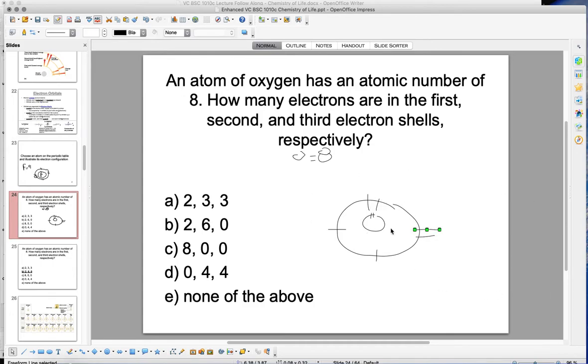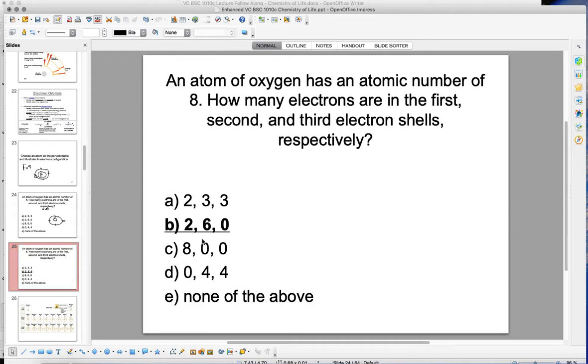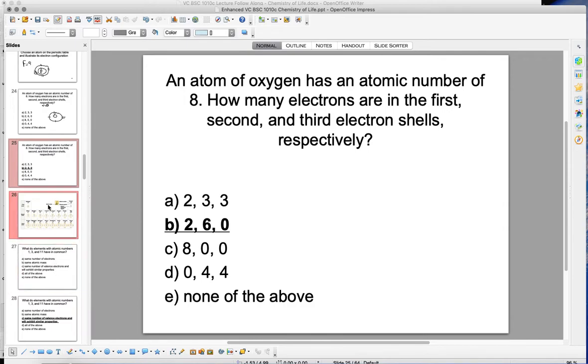So you see how I did that? Going one around each time and then filling up the other 2. So this one is going to have a valence of 1, 2, 3, 4, 5, 6. So 6 in its outer shell, and it's missing 2 more that it wants to have, wants to maximize. So our answer here is going to be B. So 2, 6, and 0. So 0 is just none in the complete outer shell. We only went to that second shell in oxygen.